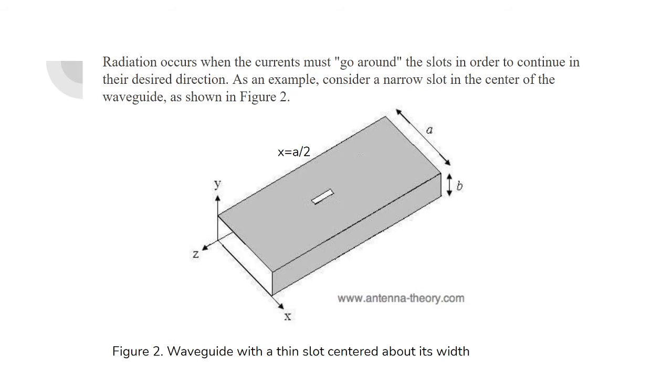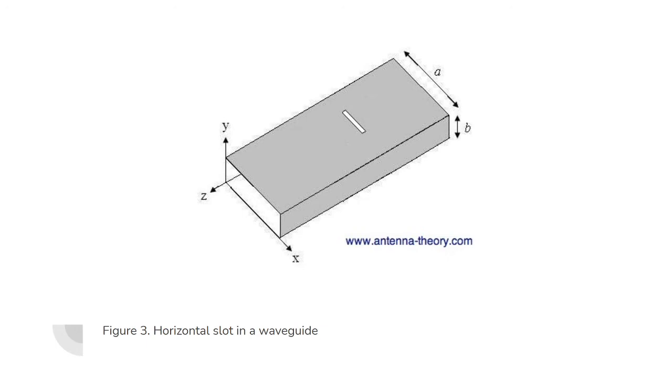So this is figure 3. If the slot is oriented just like this, the slot will disturb the Z component of the current density. This slot will then radiate, so there will be radiation.